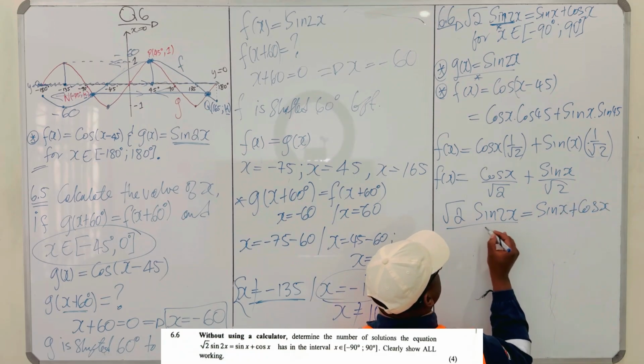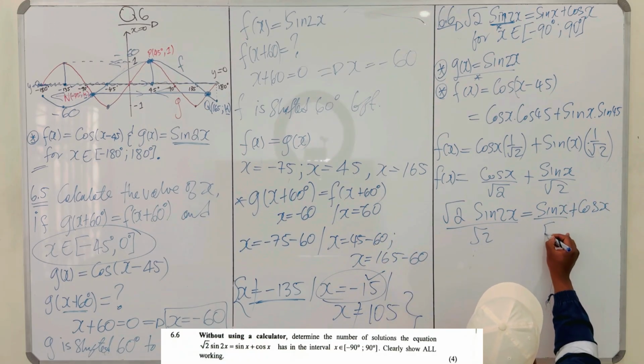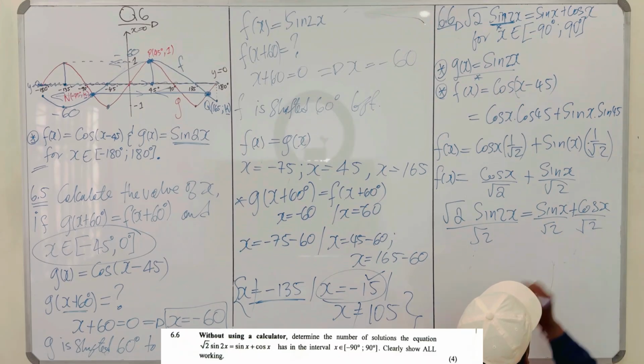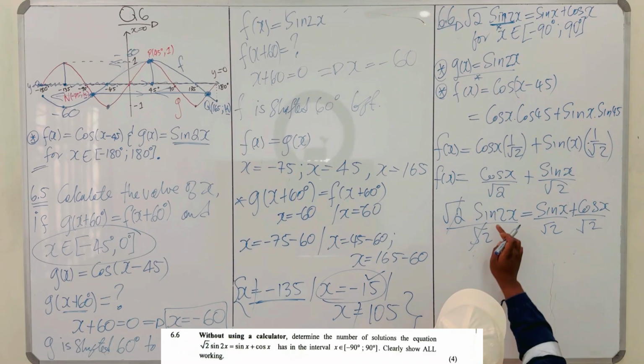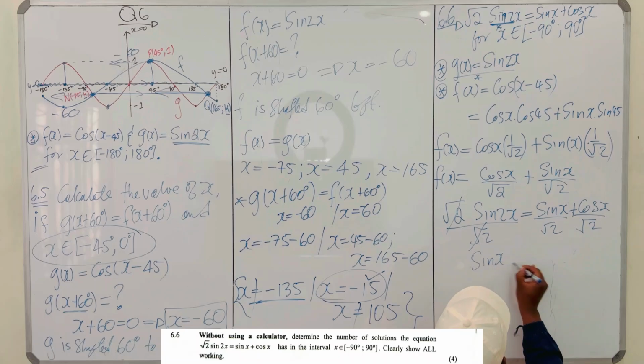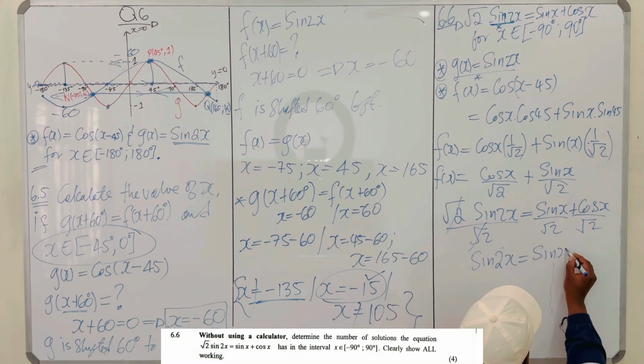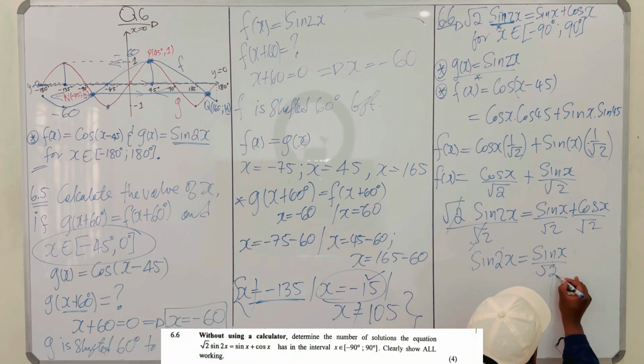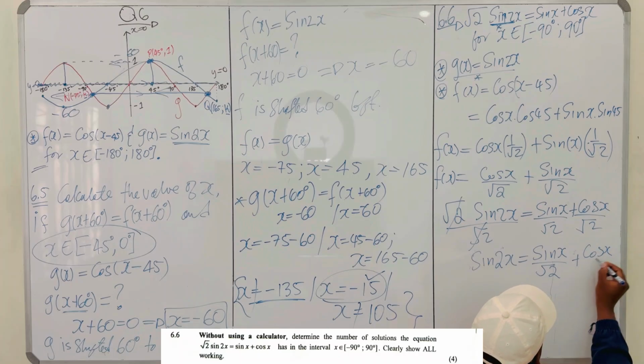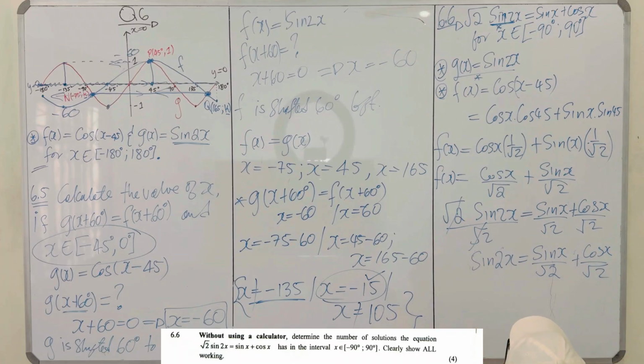So let's divide by root 2. This and that go away, so on this side you're left with sine 2x, which is equal to sine x over root 2 plus cos x over root 2. That's what we're left with.